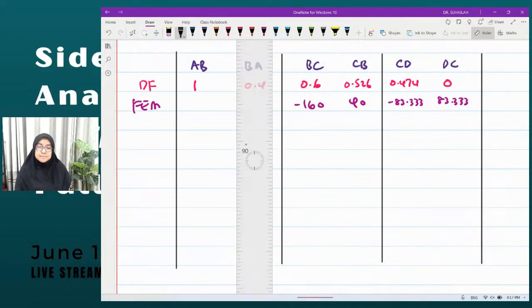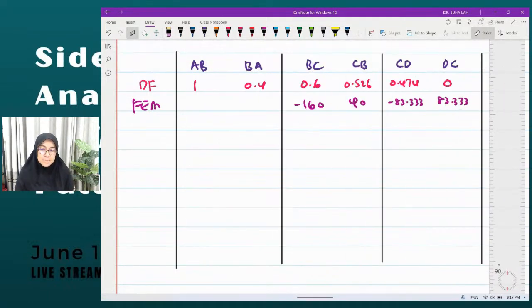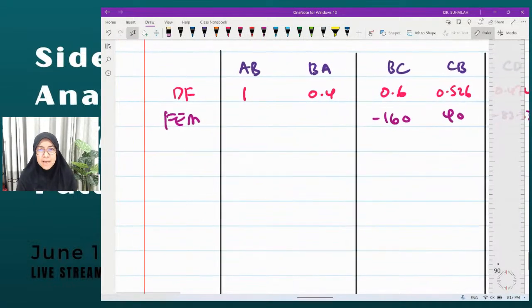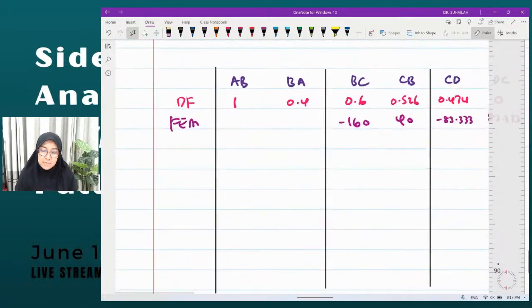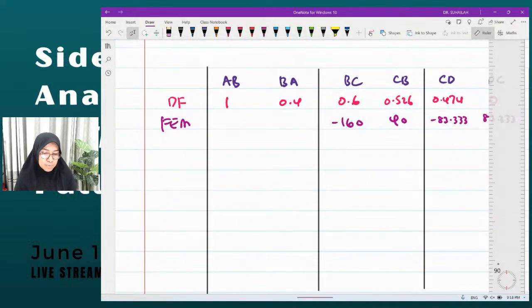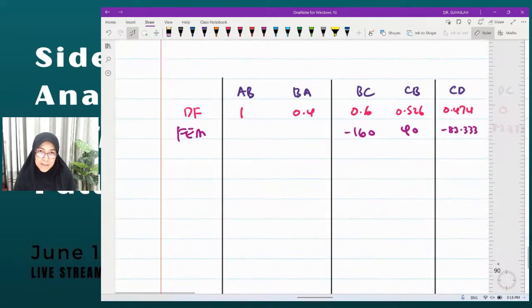FEM is the first end moment in the table. For 0 FEM, you don't have to put the zero value in the table. Okay, if you want to, it doesn't matter. So it is just like this actually.